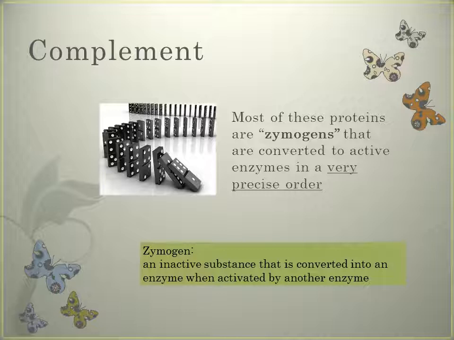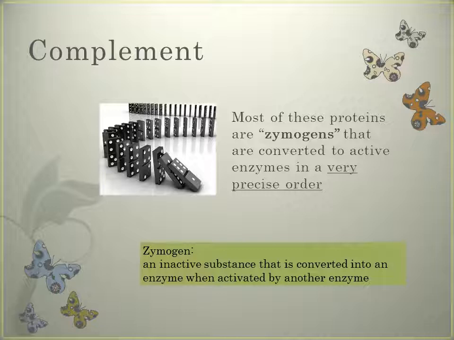But the whole thing is you push the first domino over and it falls and pushes the second one over, which falls and pushes the third one over, etc. This is a very good analogy for the complement cascade, meaning that one step, once accomplished, triggers the next step, and so on and so on.